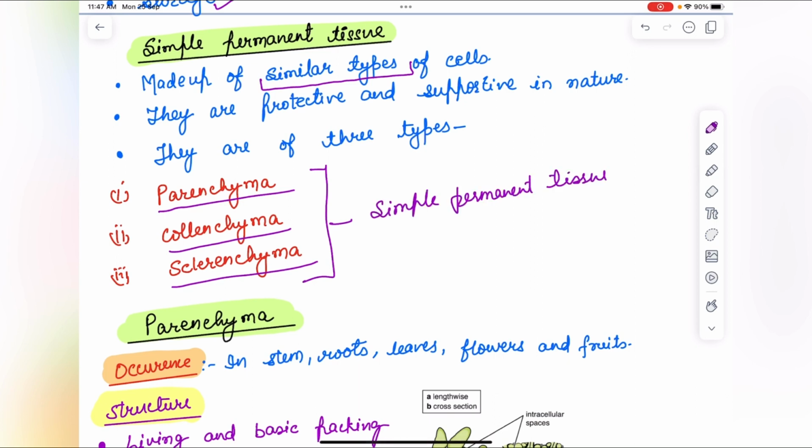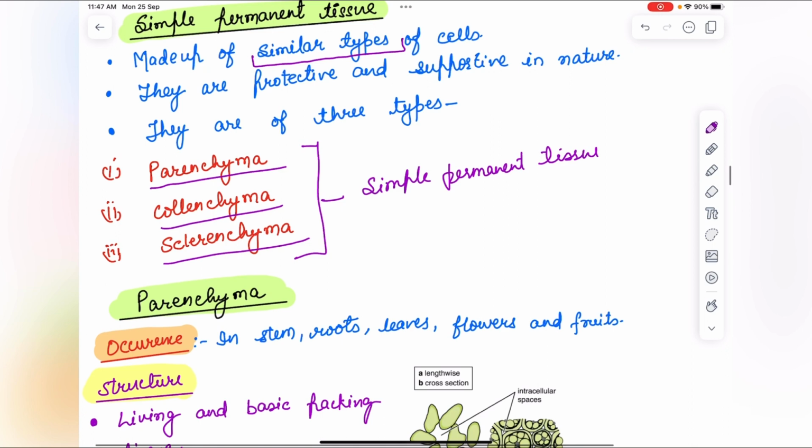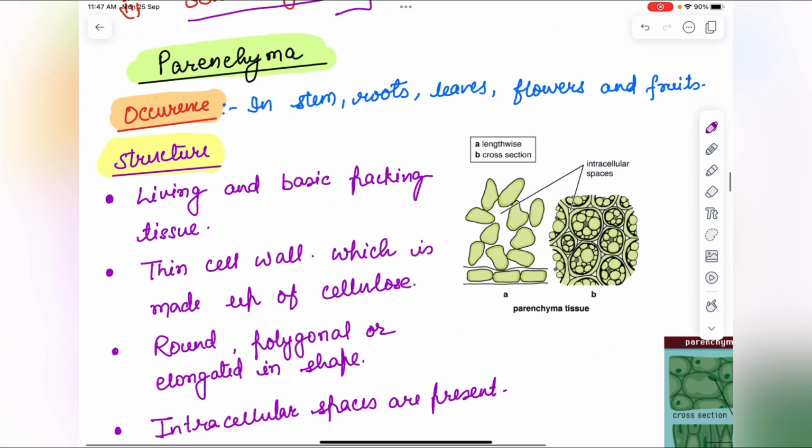First one is parenchyma. Where is it actually present? This parenchyma will be present in the stem, roots, leaves, flowers and fruits of the plants. That is its occurrence.